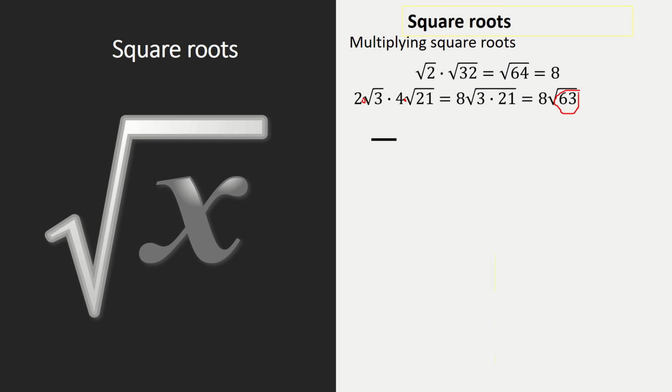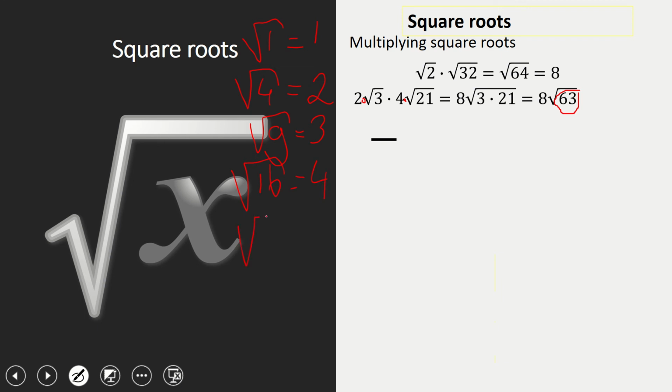What we know is that the square root of 1 is equal to 1, the square root of 4 is equal to 2, the square root of 9 is equal to 3, the square root of 16 is equal to 4, the square root of 25 is equal to 5, the square root of 36 is equal to 6, the square root of 49 is equal to 7, and so on.